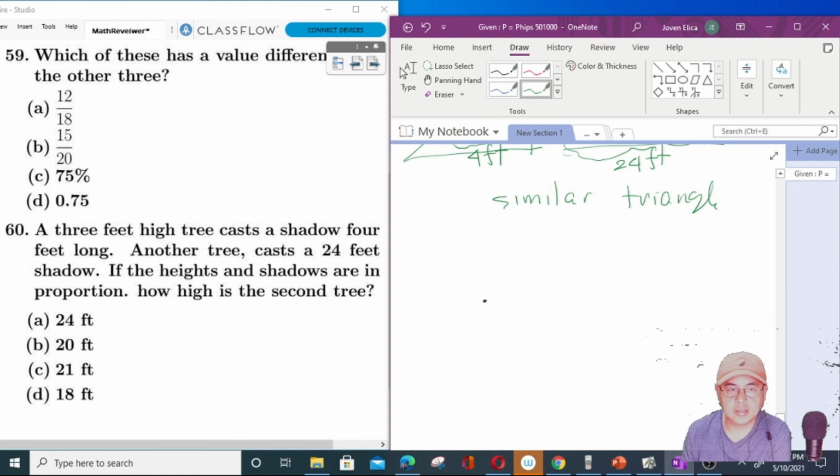Similar triangle. So in order to get the height of the second tree, we can use a ratio and proportion here.